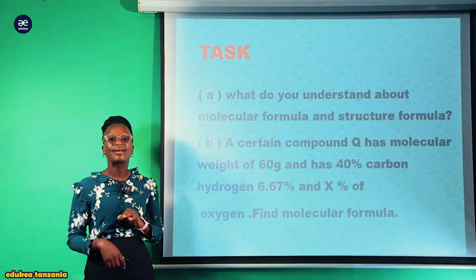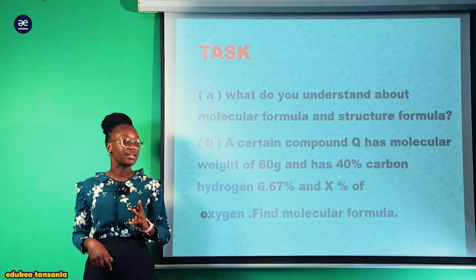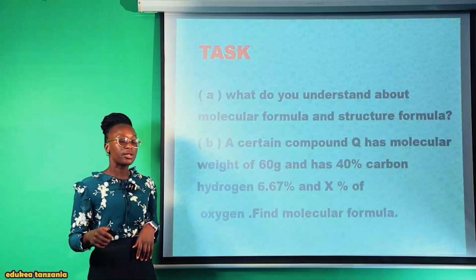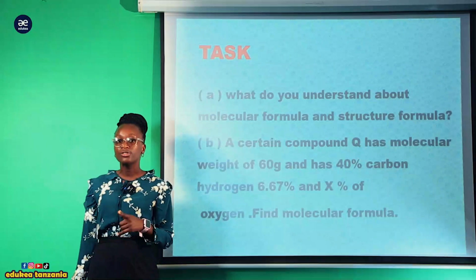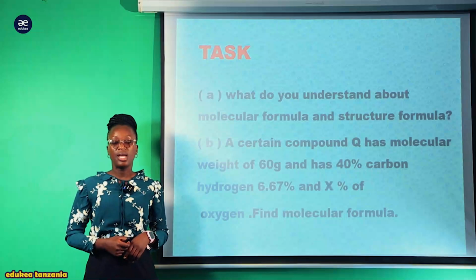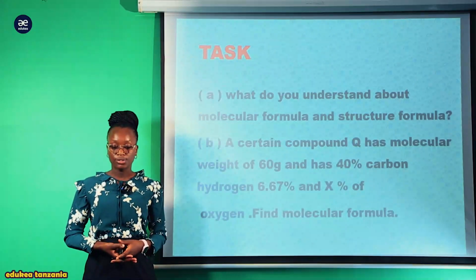So here we are given 3 elements at the same time: carbon, hydrogen, and oxygen. You are required to find the molecular formula. My students, this is a simple task once you try to attempt it. I hope you will do it so easily.